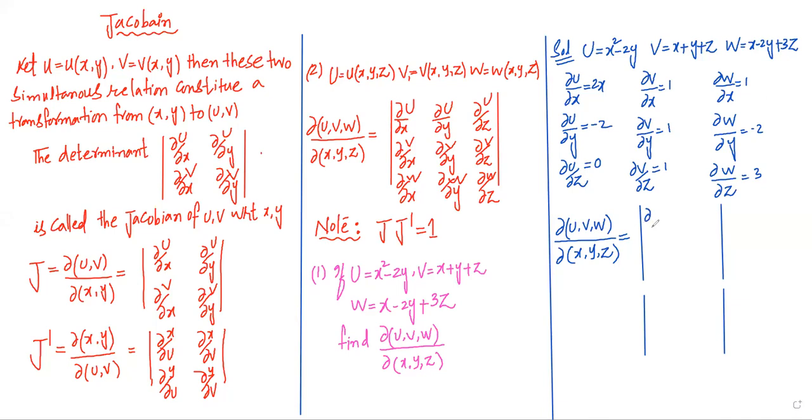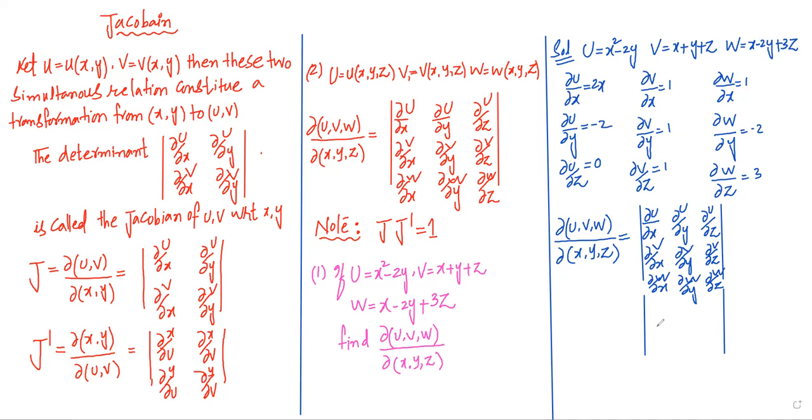I told you the logic to remember the formula: dou by dou x, dou by dou y, dou by dou z, again and again for each row. In the first row you get u, u, u, here v, v, v, and here w, w, w.